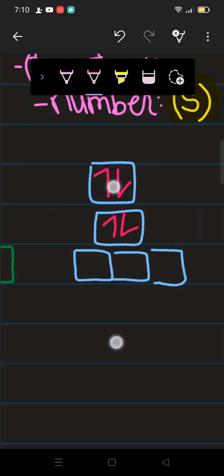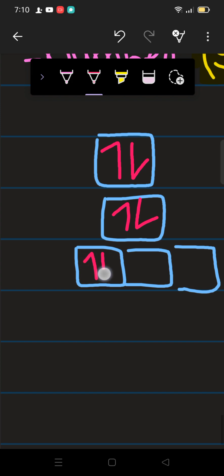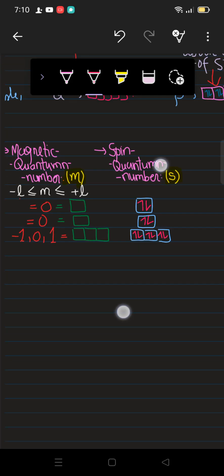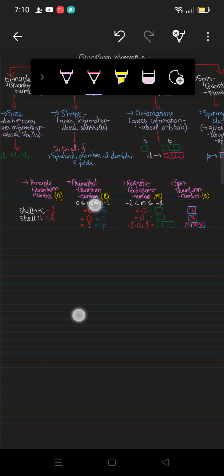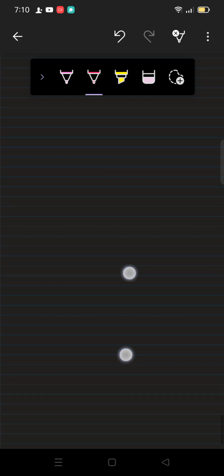We will have 6 electrons: 1, 2, 3, 4, 5, 6. I am gonna tell you about the filling of the electrons when we discuss everything in the electronic configuration. When I teach electronic configuration, I will teach you how we fill the electrons in the shell, or in the orbitals. We'll discuss each and everything in very detail.